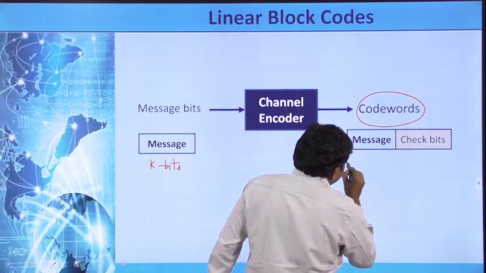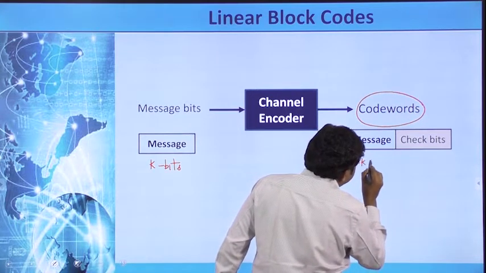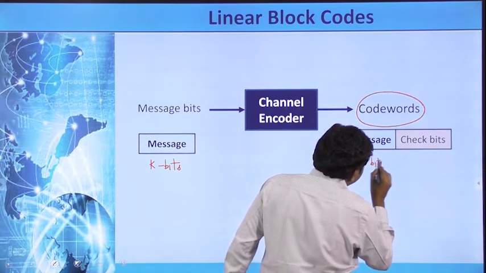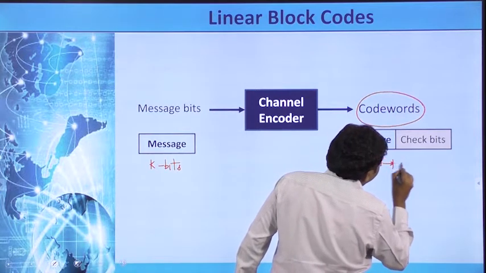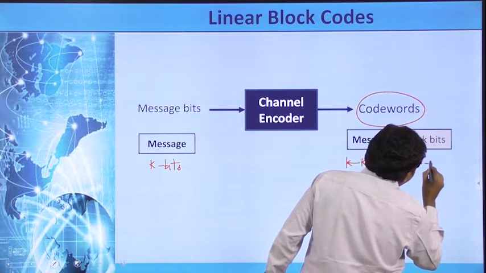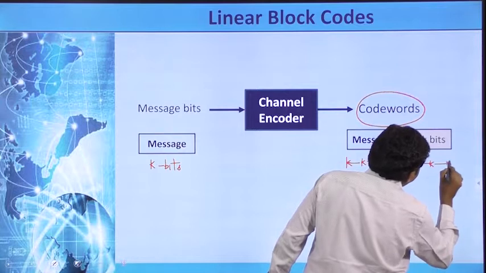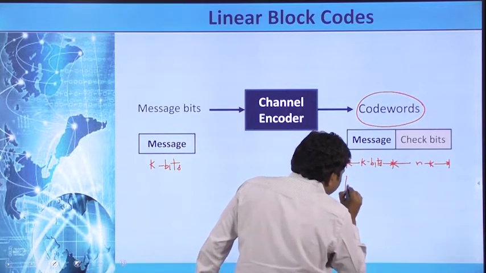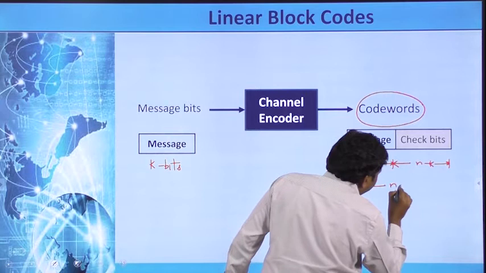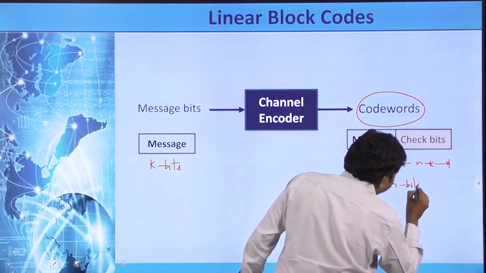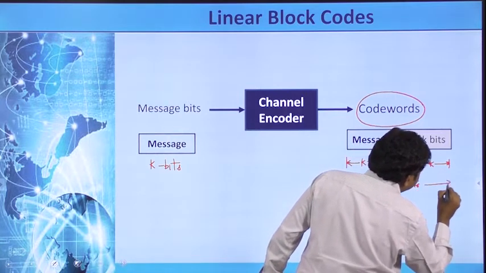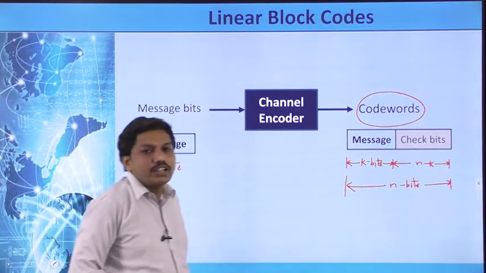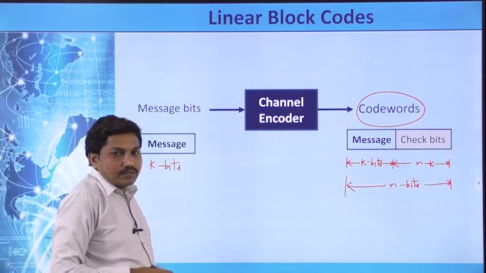That means the message bits are k bits and the check bits are n minus k. The length of the code word is n bits.